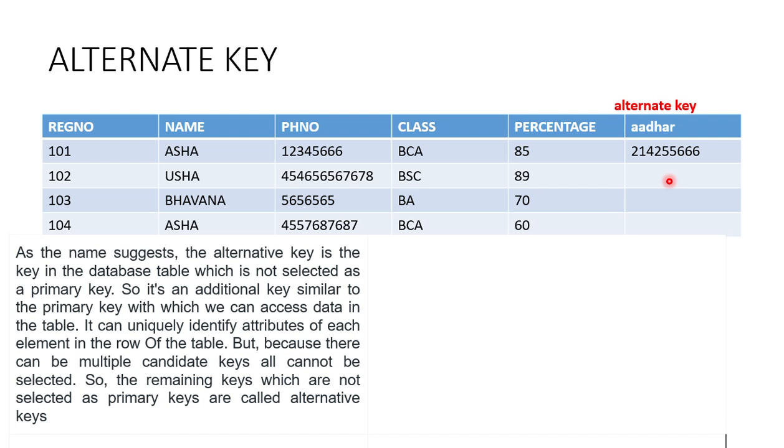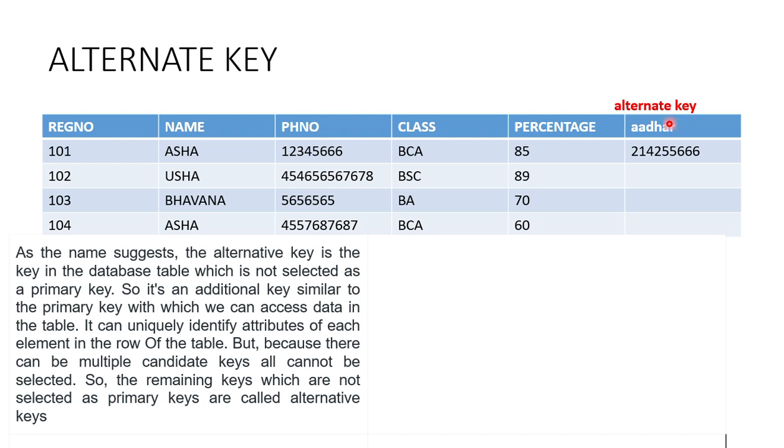All these fields I should fill; if I leave them blank, it will throw an error. That we call an alternate key. Apart from the primary key, if I declare one as primary key and another key acts like a primary key, then we call it an alternate key, alternate to the primary key.